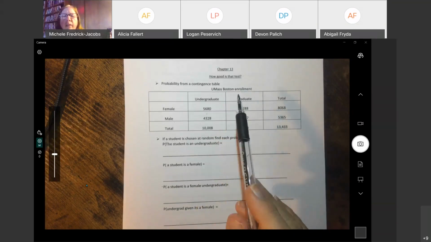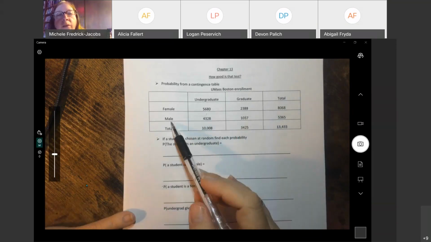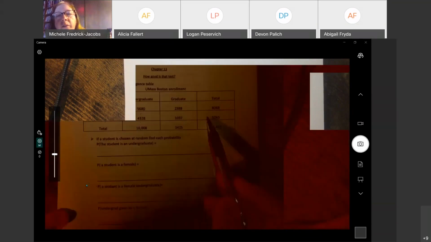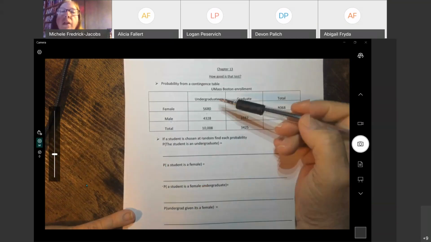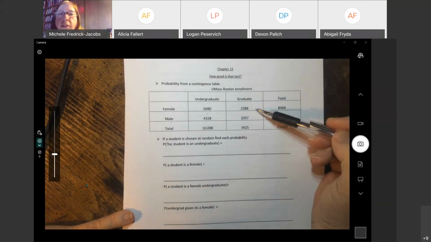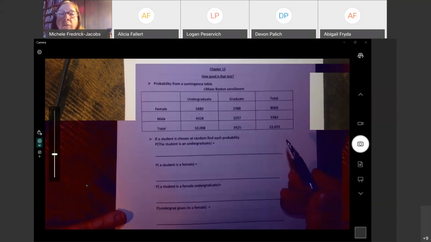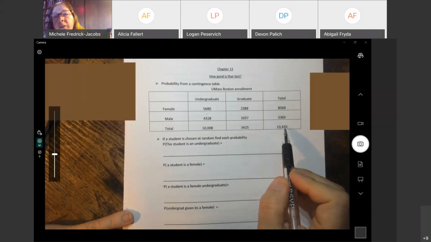I took this one from the book. And then males, undergraduate, graduate, and the total number of males. So when you go across, you're seeing the total number of males and females. When you're going down, you're seeing the total number of undergraduates and graduates. So the total number of students would be 13,433.